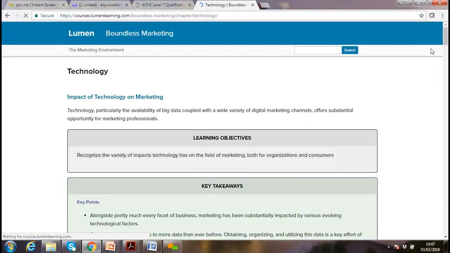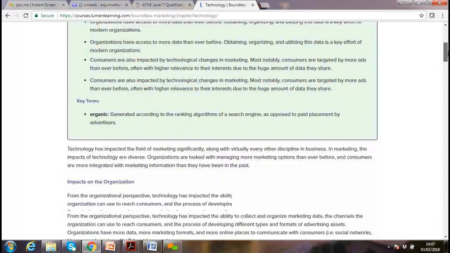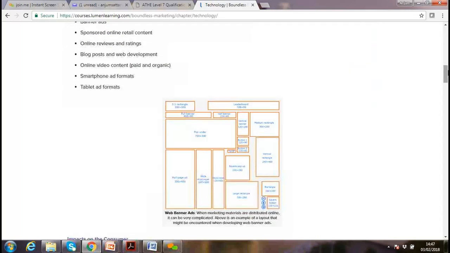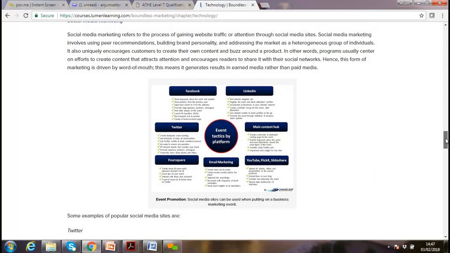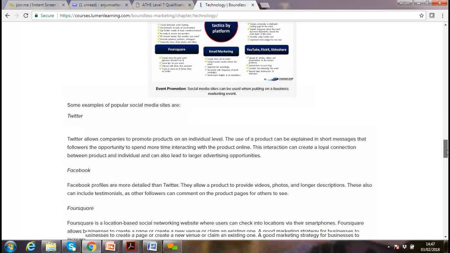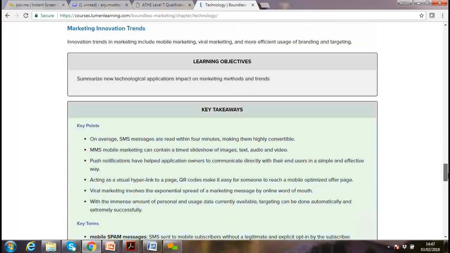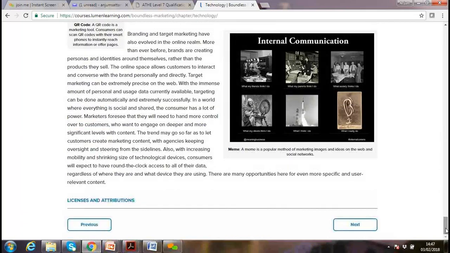This is one chapter of the book, which is technology. It's quite good to look around the technology, the impact of technology on marketing, the key points, and the impact on organizations, such as different CRM systems, customer relationship management, and how we can use LinkedIn, Facebook, Twitter, emailing, events and tactics by the platform to improve our relationship with customers as well.